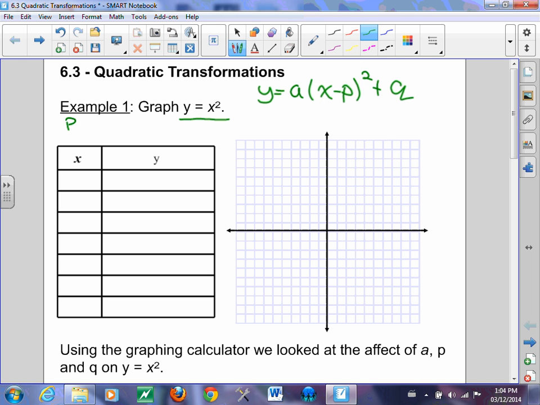So just write down here that this is the base function. When they say to describe the transformations, it's based on your initial base function, the easiest form of the quadratic.